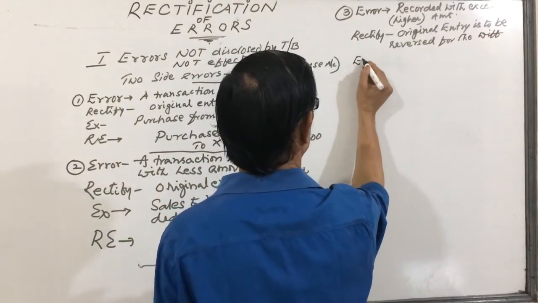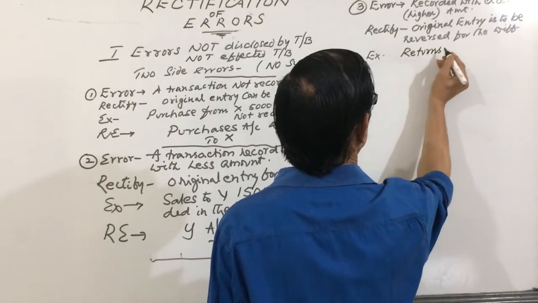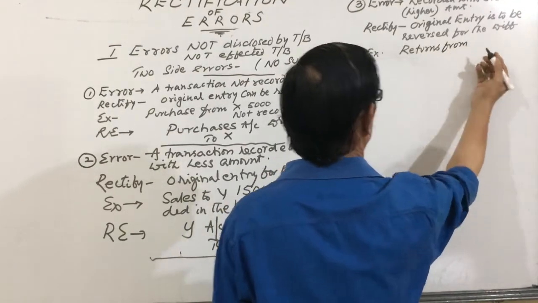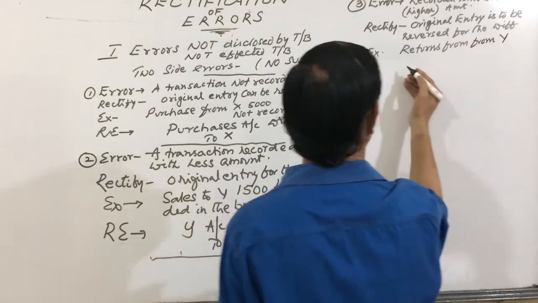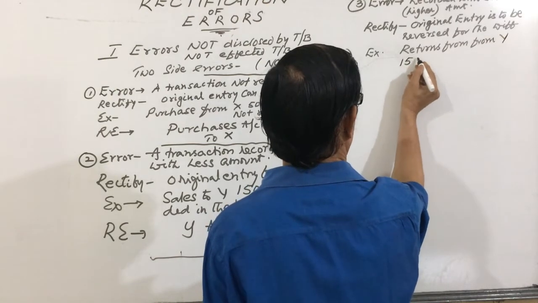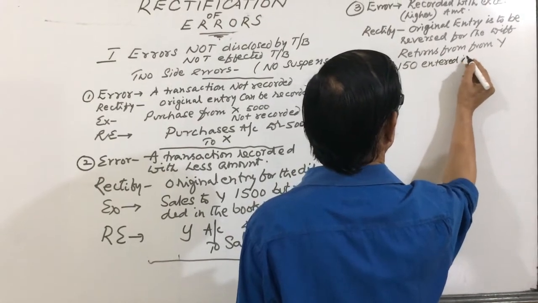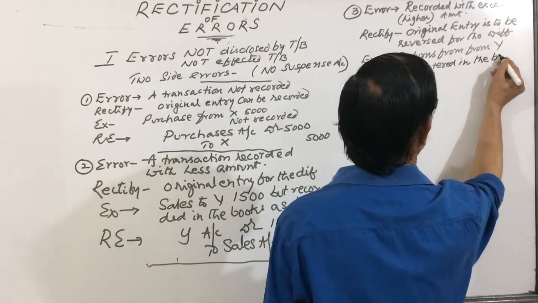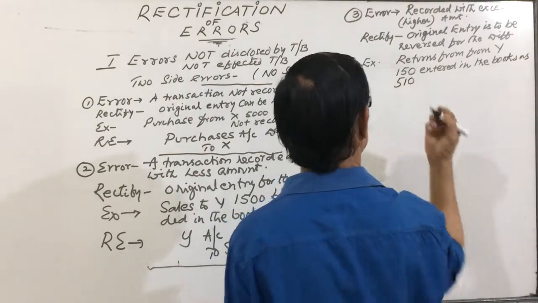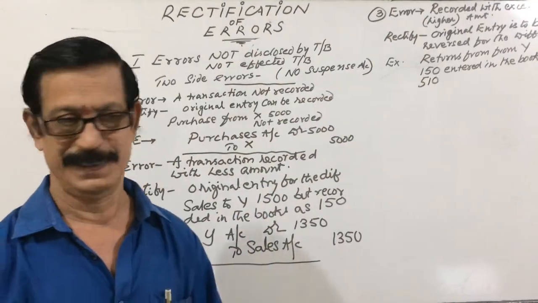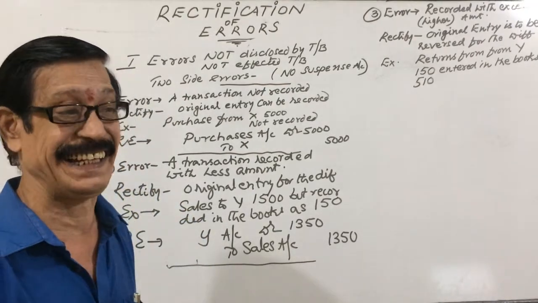Look here, example. Returns from Y, ₹150, entered in the books as 510. Well, dear students, when you are in accountancy, the amounts must be taken clearly and correctly.